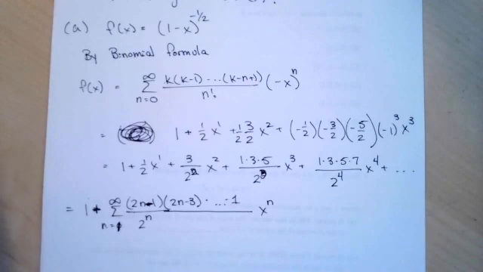So this is our formula for the square root, or 1 over square root of 1 minus x. And now we want to get a series for arcsine based off of this.